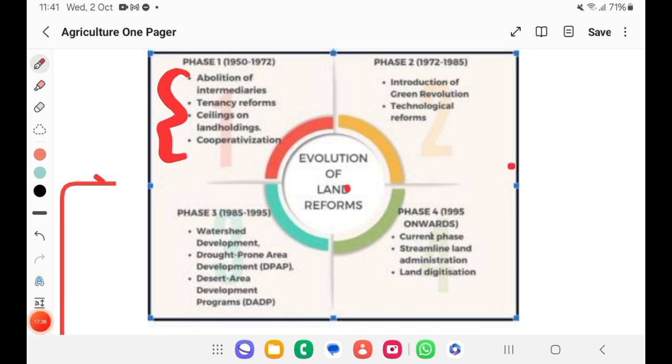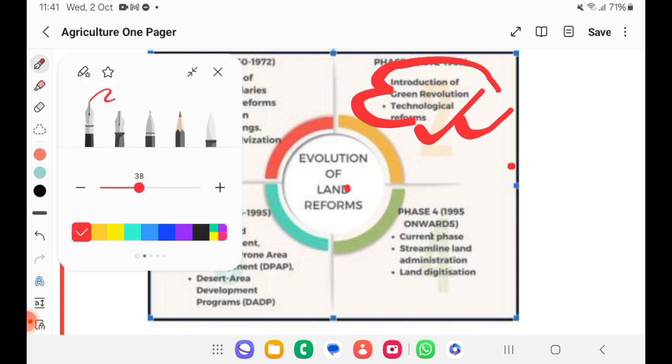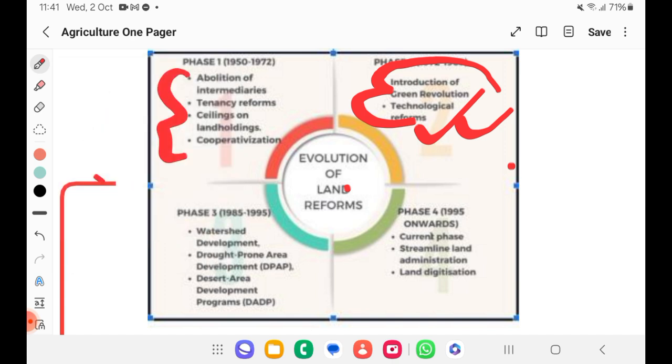So the second phase is the introduction of green revolution and technological reforms. So that is the second phase, that is during 1972 till 1985. Okay, from 1985 to 1995 we had phase 3. What was it?